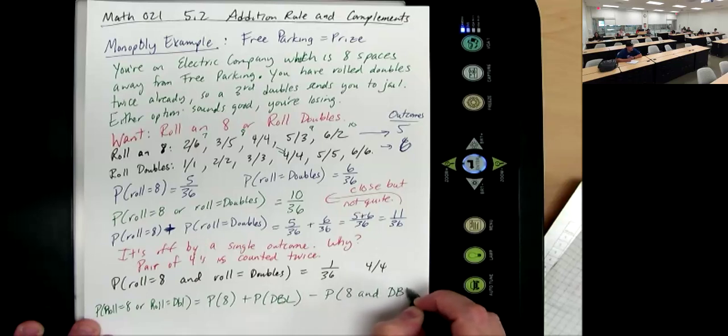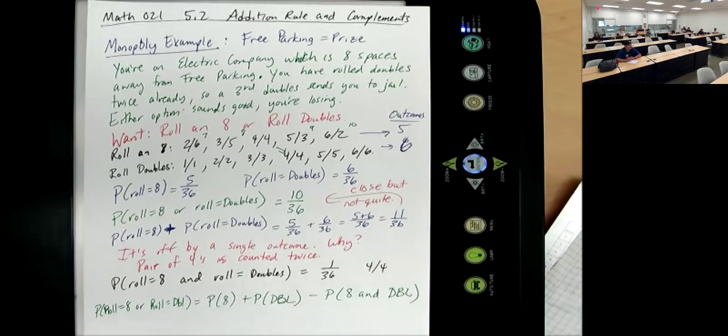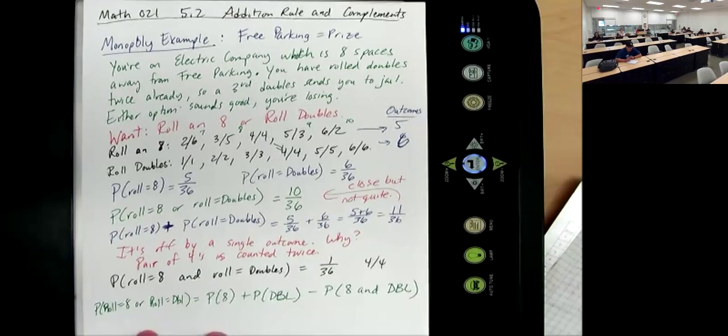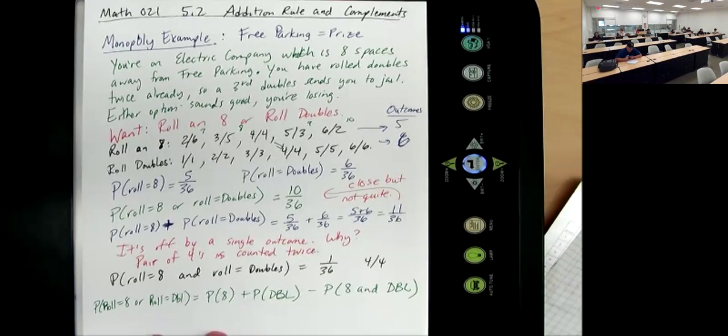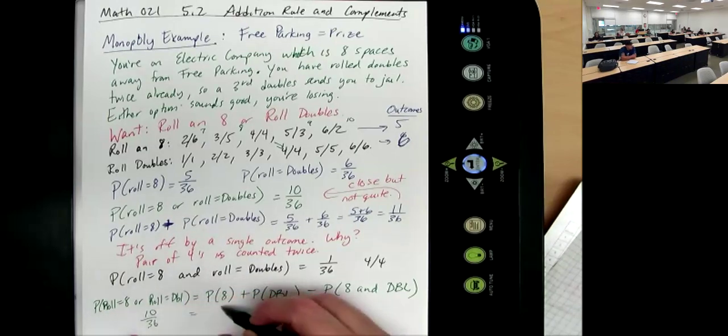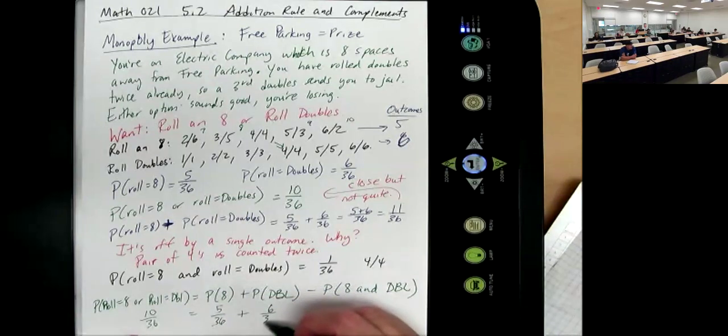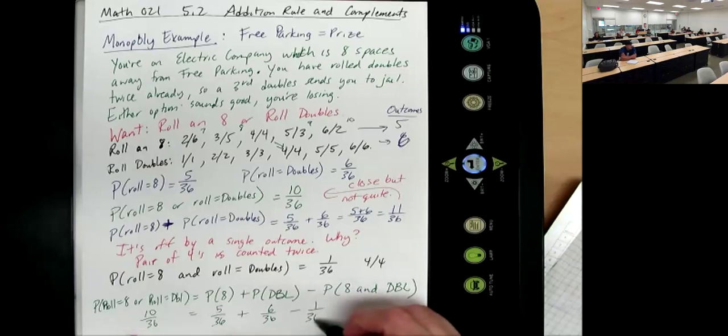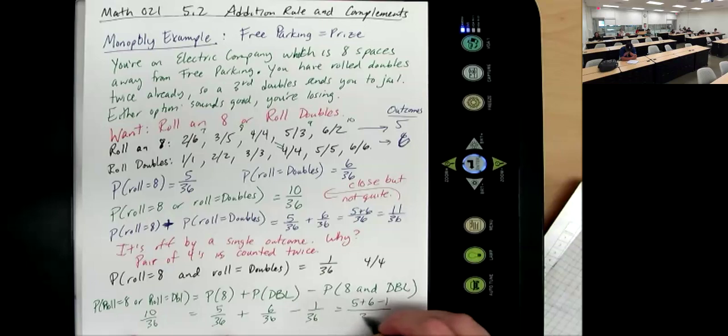I stopped writing roll because I got tired of writing roll, but I think you get the picture here. This was 10/36 equals 5/36 plus 6/36 minus 1/36. 5 plus 6 minus 1.